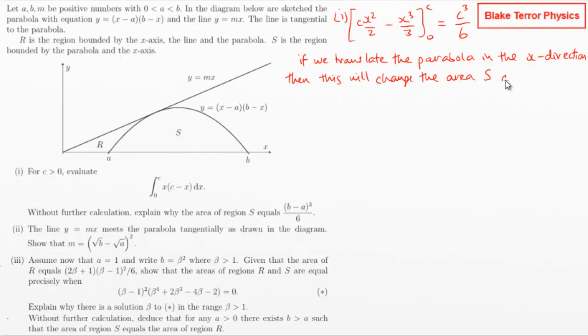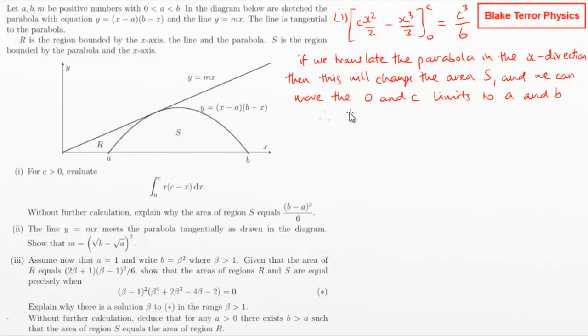S, and we can move the 0 and c limits to a and b. So therefore, in that case, what are we saying? How are we getting the final bit?